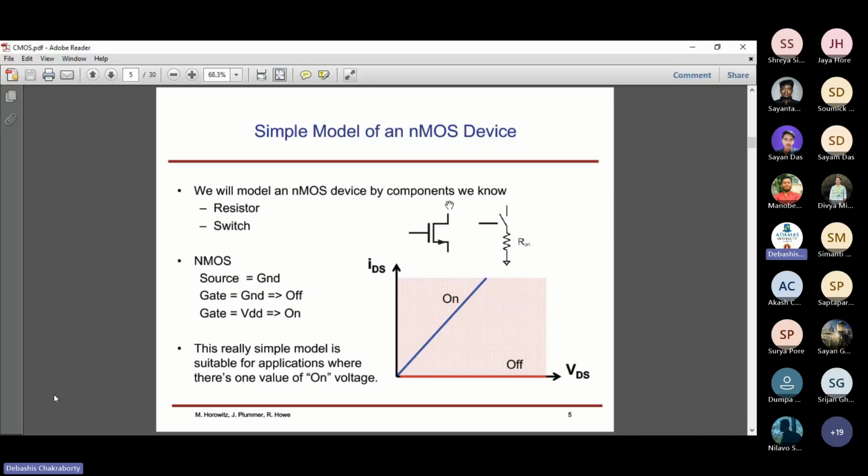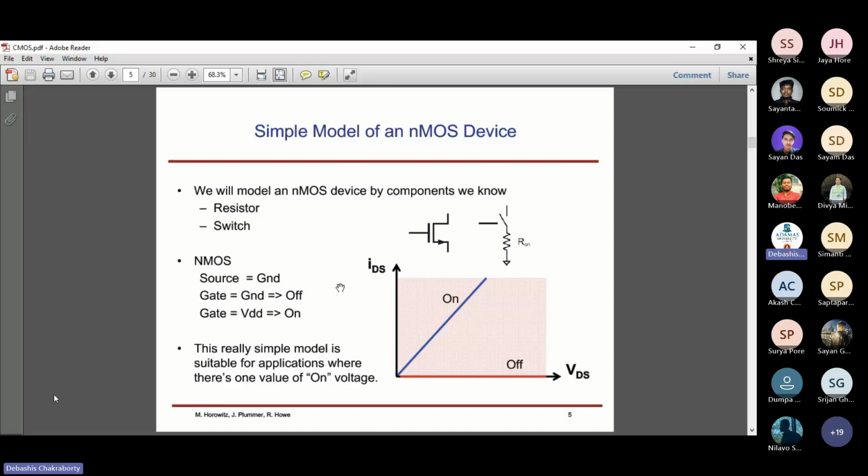However, at the gate terminal, this is for the NMOS device. When the gate is grounded, connected to 0 volt, it means no signal or voltage is applied to the gate terminal.